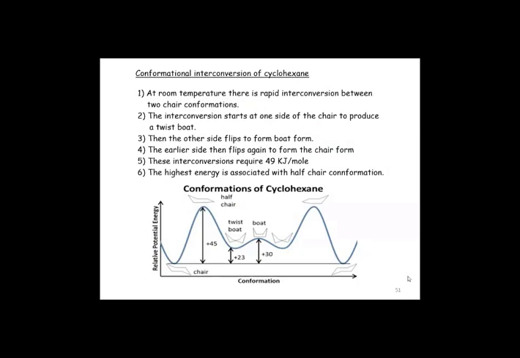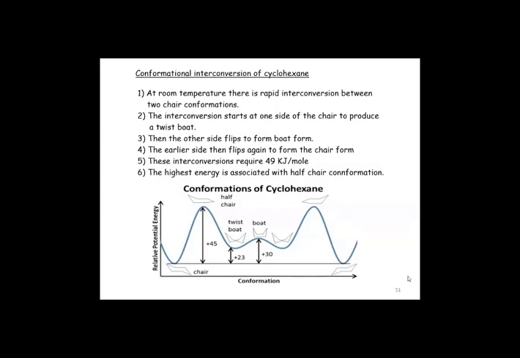Now, if we compare the conformational interconversions of cyclohexane, we can come to the following conclusions. At room temperature, there is a rapid interconversion between two chair conformations, which we have already discussed. Almost 10 million interconversions take place. The interconversion starts at one side of the chair to produce a twist-boat conformation.